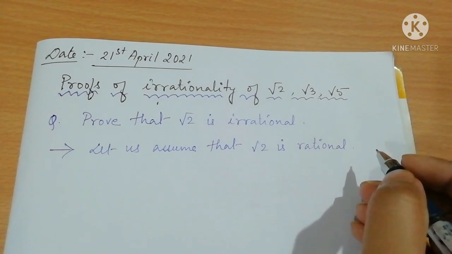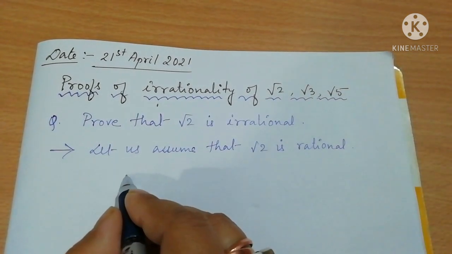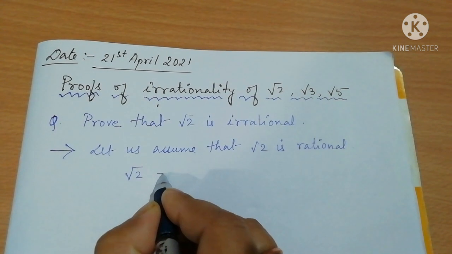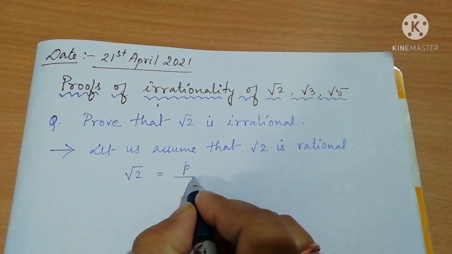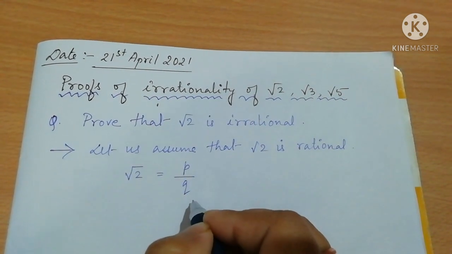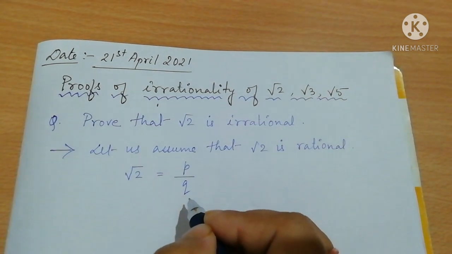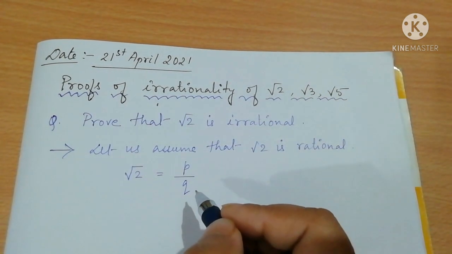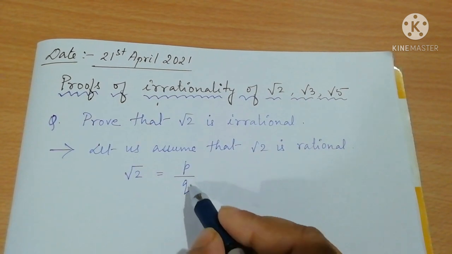So if root 2 is rational, root 2 can be written in the form P by Q, where P and Q are two co-prime numbers. Co-prime numbers means they have a common factor of 1.